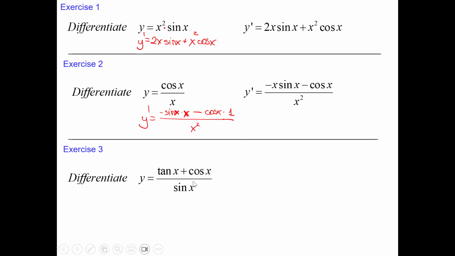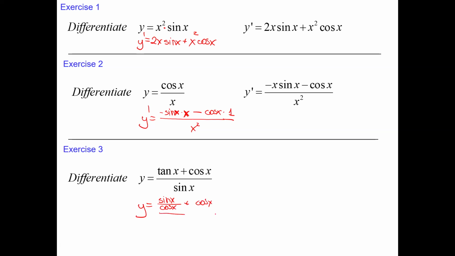Okay, and now exercise number 3, tangent of x plus cosine of x over sine of x. We can still apply the quotient rule right away, but when we see trigonometric expressions, we can always think about whether we may rewrite or simplify. That's what we will try to do before the derivative. Tangent of x is sine of x over cosine of x.